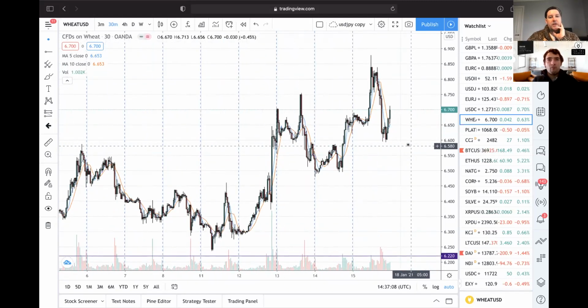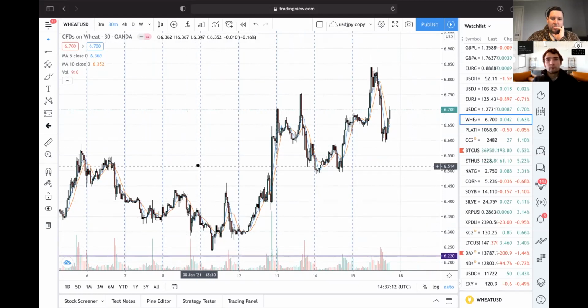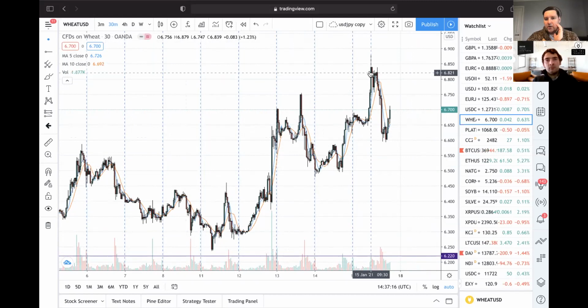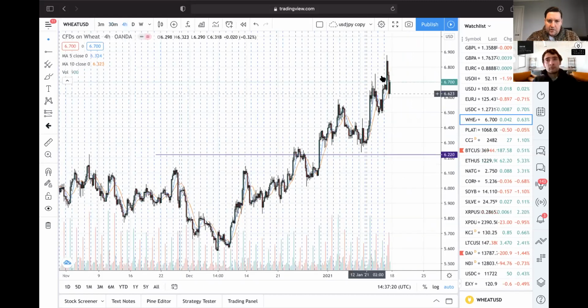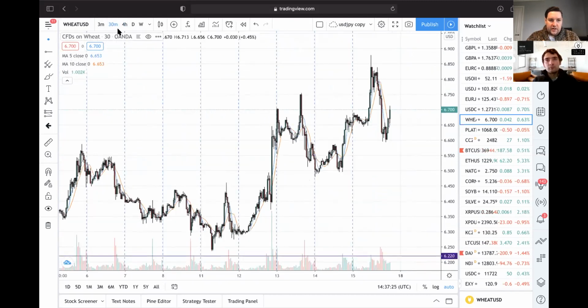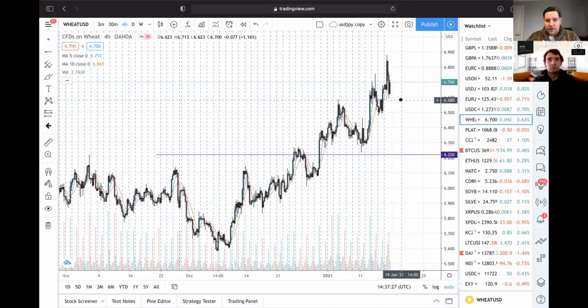And that's all it is, a bit of patience, get these levels marked out, wait for it to come down and retest, wait for the markets to turn around. So I'm doing quite well on wheat, and I'm still holding it because the 4 hour is still looking fairly decent. Until I start seeing a change, or say this low's taken out here, then I'll get out of the trade. But I think that one was quite good.